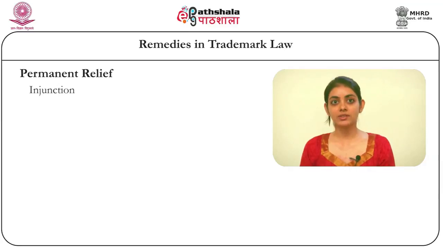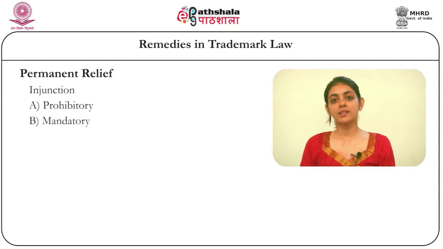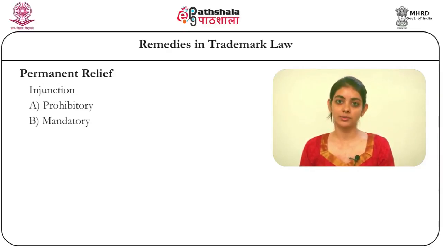Now, injunctions are court orders that may direct a party to do something or not to do something. An order that directs a party not to do something is known as a prohibitory injunction, and an order that directs a party to do something is known as a mandatory injunction. Let's understand this by way of an example. Let's take the example of Nike and its swoosh logo.